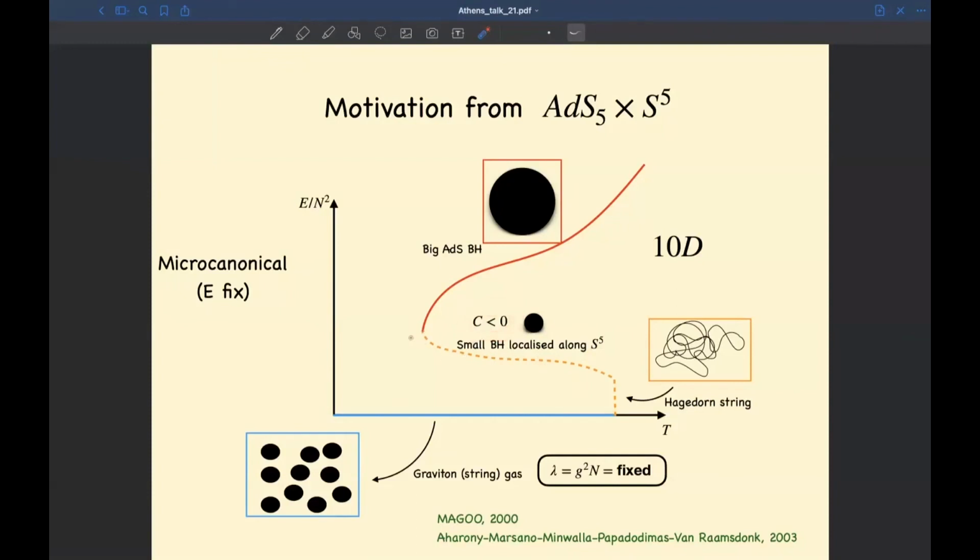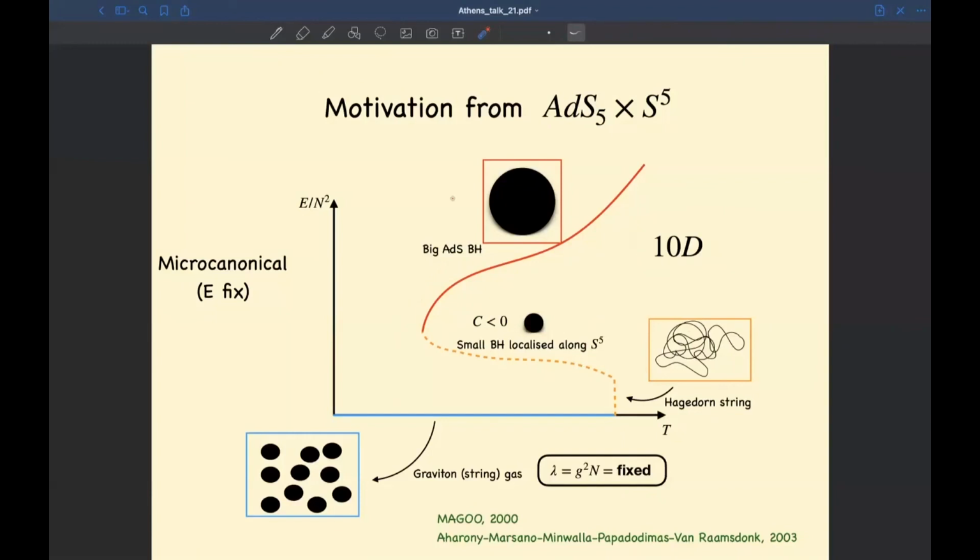Then there is another transition, where this black hole grows and fills the whole S5, and this can be seen as a big black hole sitting in AdS, filling the whole S5. But a very important ingredient is that this scenario always takes place in 10 dimensions.